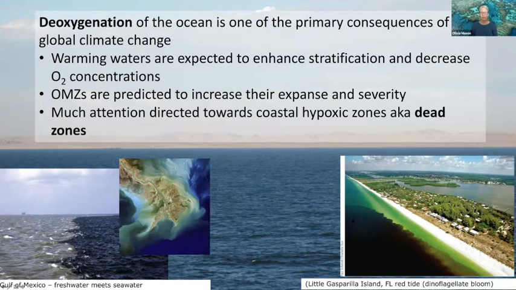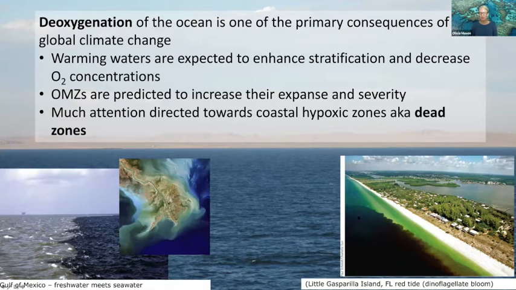Now, this is kind of cheating, because this isn't really what we're talking about, because this is actually a red tide. So this is off of the coast of Florida. And it's cheating because I'm using it as a really good visual, right? Where you have nutrient input and you have this massive phytoplankton bloom. These cells are going to die, and they're going to be decomposed by microbes that are going to drive the oxygen down.